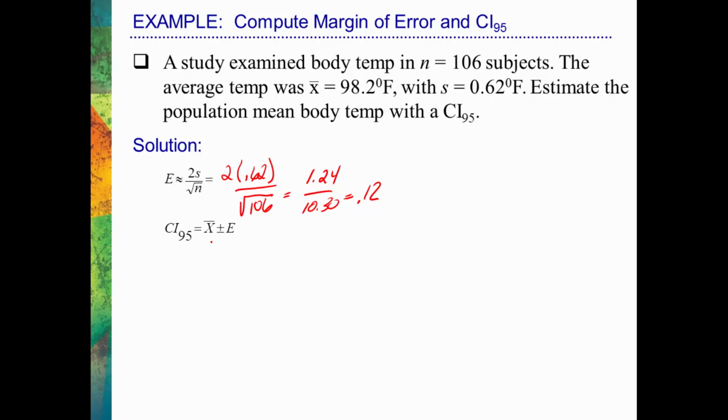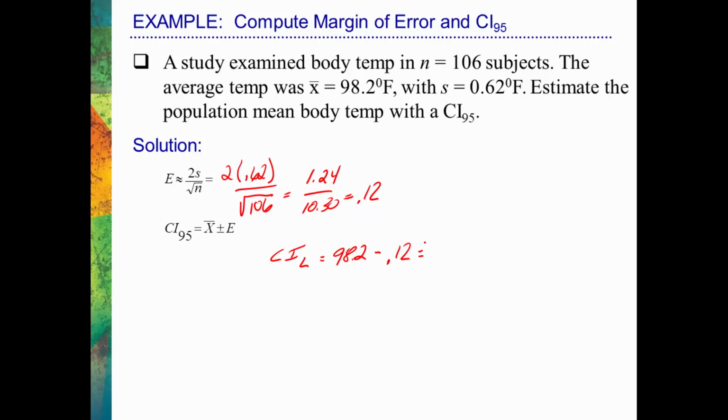Okay, so we're going to take now our sample mean, which is equal to 98.2 degrees Fahrenheit, and compute a lower value and an upper value for our confidence interval. So CI, let's do our lower value, is going to equal our sample mean of 98.2 degrees minus our margin of error, 0.12.